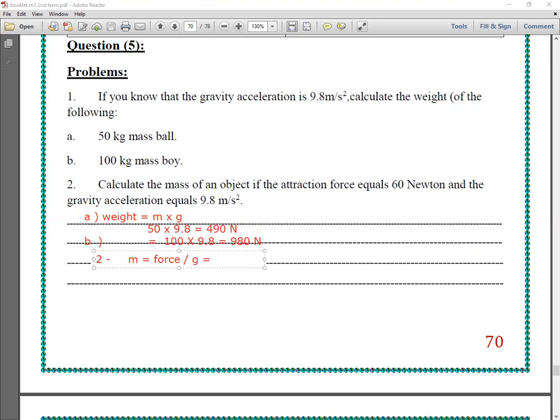So equals force 60 divided by 9.8, equals 6.12 kilogram, because the mass is measured by kilogram.